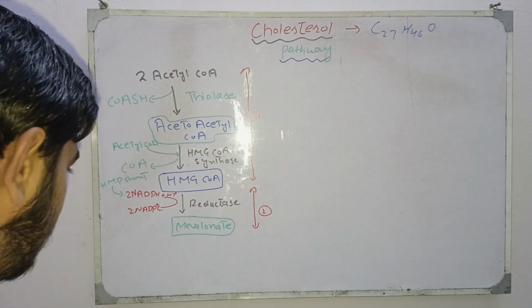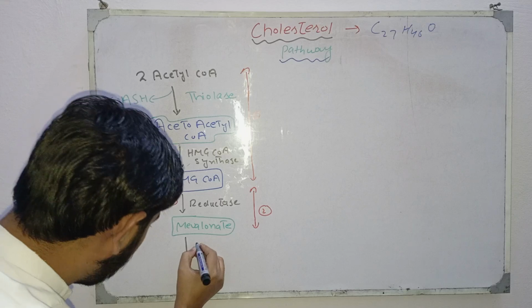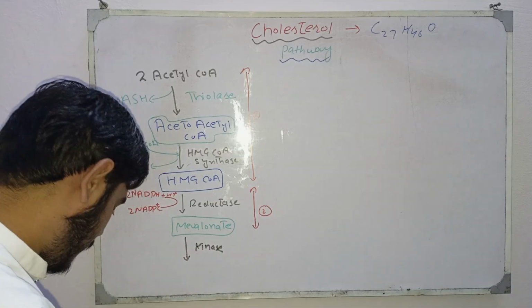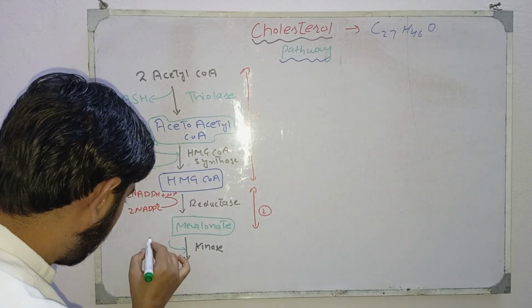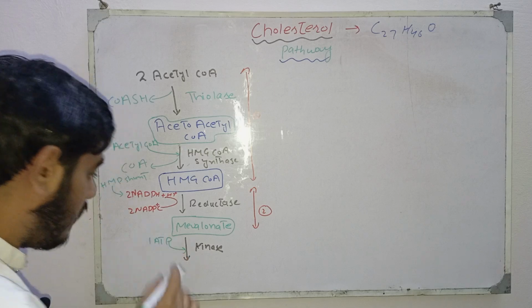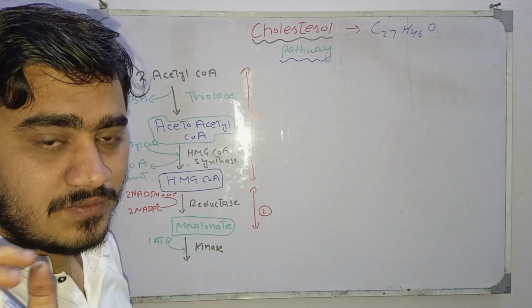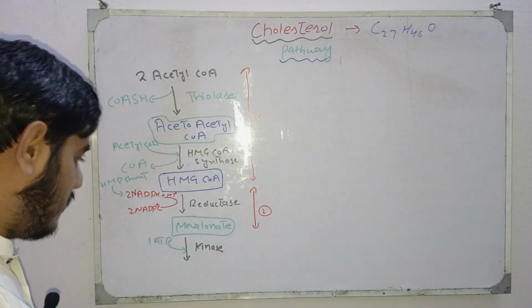In the next step, kinase enzyme is involved. Kinase enzyme is very important for phosphorylation, meaning addition of a phosphate group to any substance.